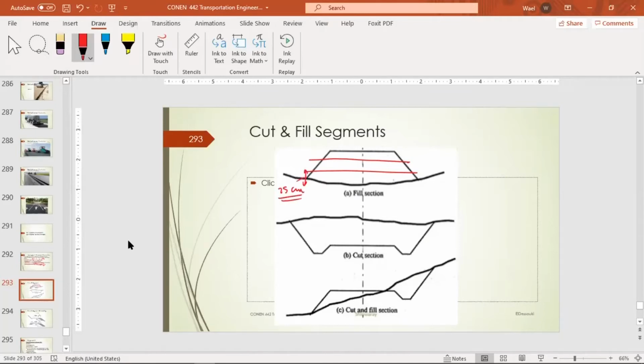So if you have a filling for 1 meter, that means you have to do it in 3 to 4 phases. And in each phase, you have to do QC, quality control, for compaction.